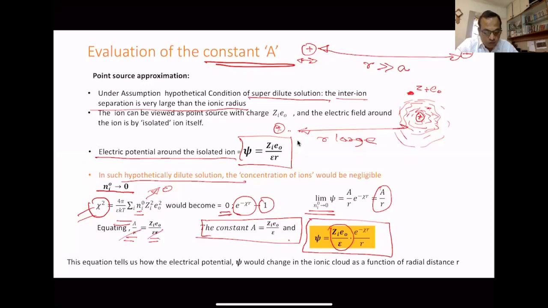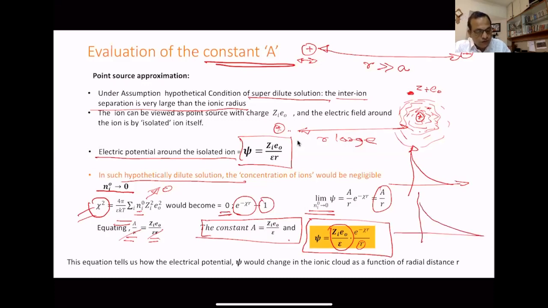You can see now the two functions which are almost similar. The first is a reciprocal of r function. This also will decay. If you remember, the 1 upon r function decays like this, and our exponential function will decay a little bit like this.